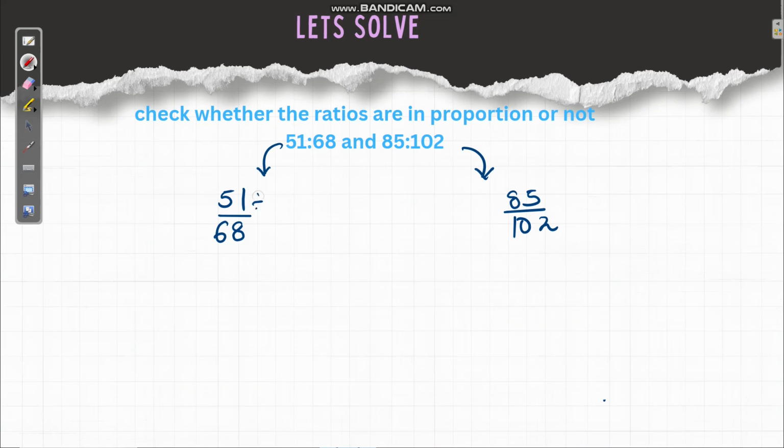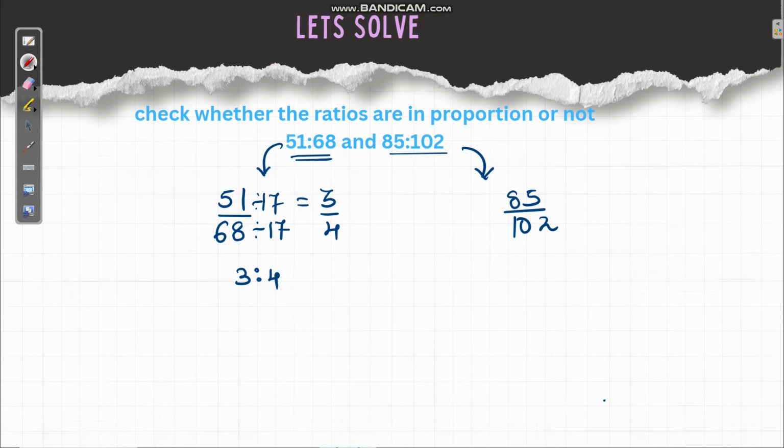So let's divide 51 by 17. You have to divide both the numerator and denominator. When you divide, you will get 3 and 4. So the ratio here is 3 is to 4, the simplest form of the first ratio. The second ratio is 85 is to 102. Which number can I take?